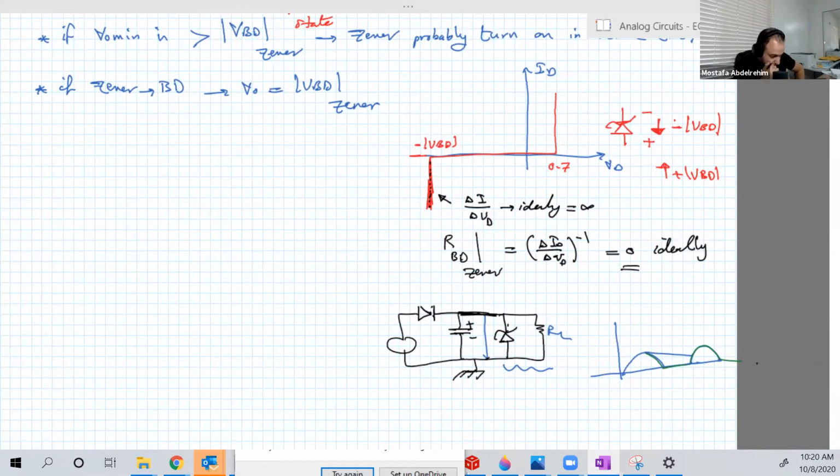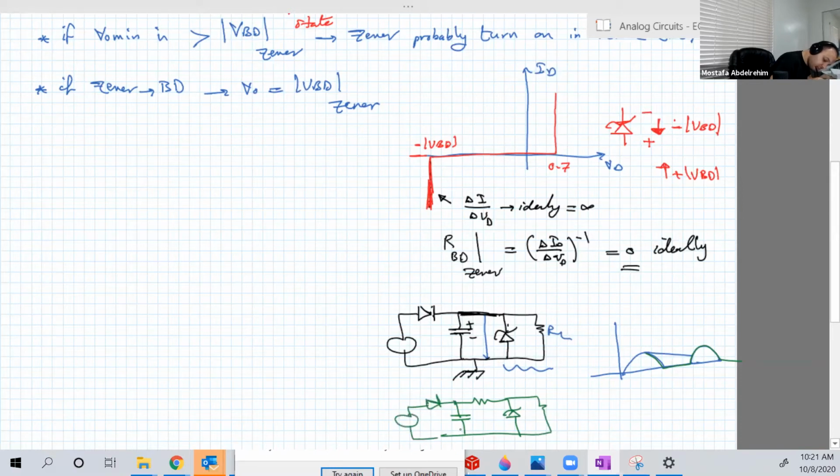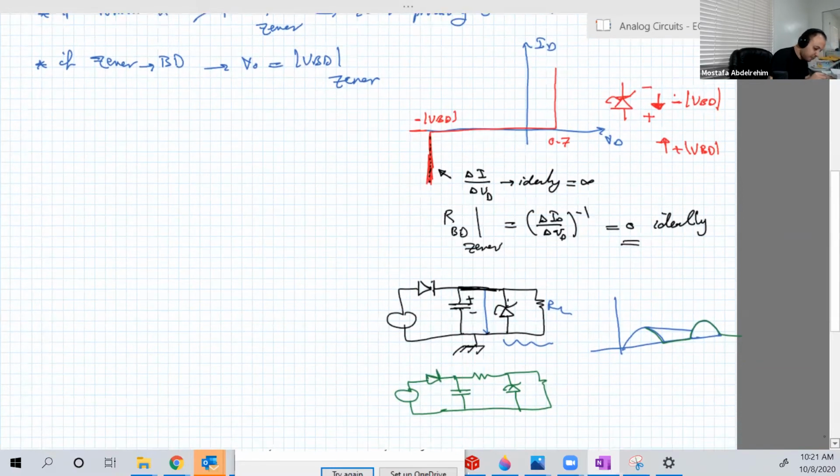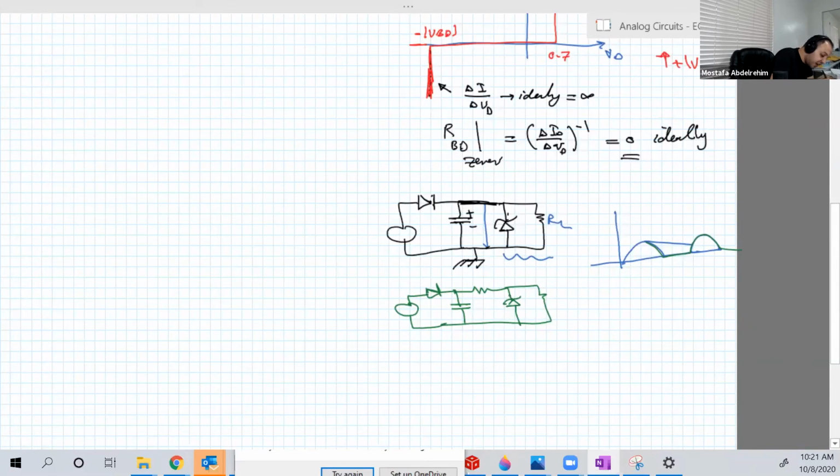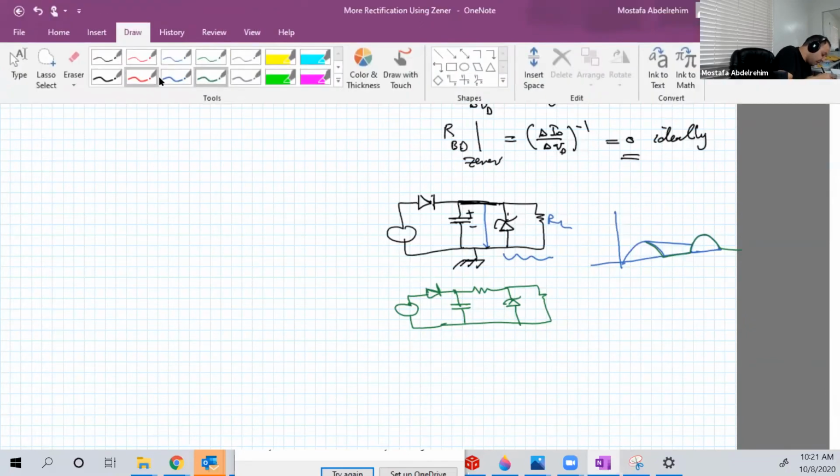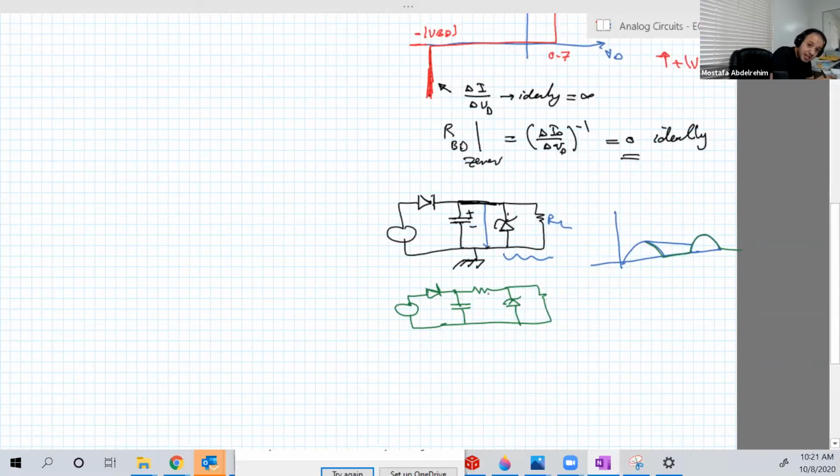Okay. So this resistor here, if you add a resistor here, so let's do it again. Even when the diode operates in reverse bias Zener and becomes a short circuit like this, you still have this resistance.